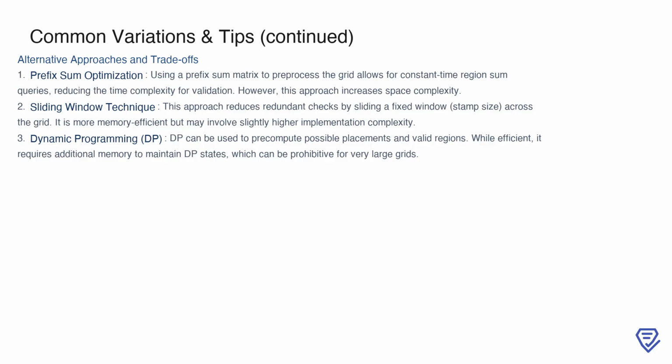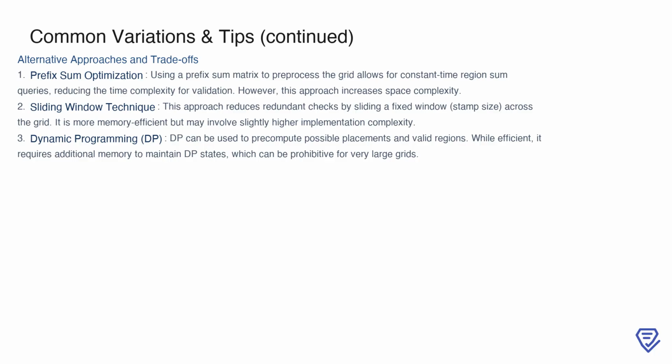Another optimization strategy is the sliding window technique. This method reduces redundant checks by systematically sliding a fixed window, corresponding to the stamp size, across the grid. It's more memory efficient since it avoids creating large auxiliary data structures, but it may involve slightly more complex implementation logic.